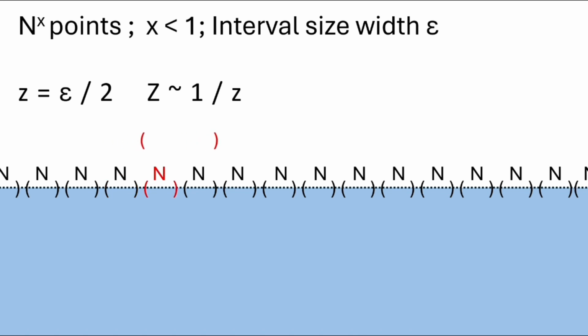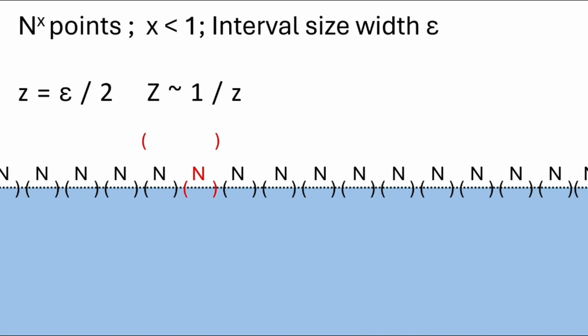Why? Because no matter where you put it, every epsilon-sized interval must fully include at least one of the z-sized intervals, which are half as big or smaller. And gosh, if there's n to the x points in the smaller interval, then the bigger one must have at least that many points.